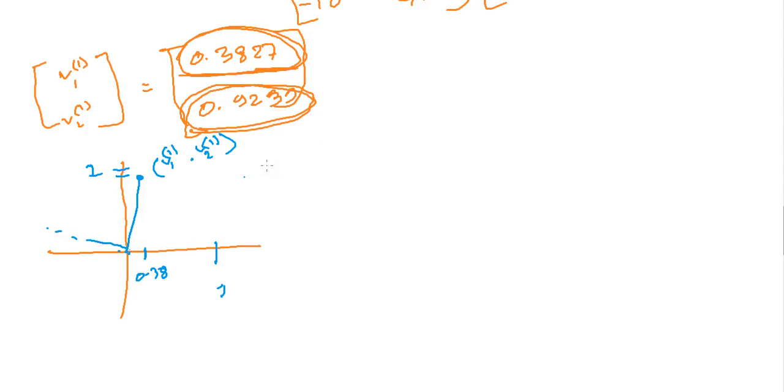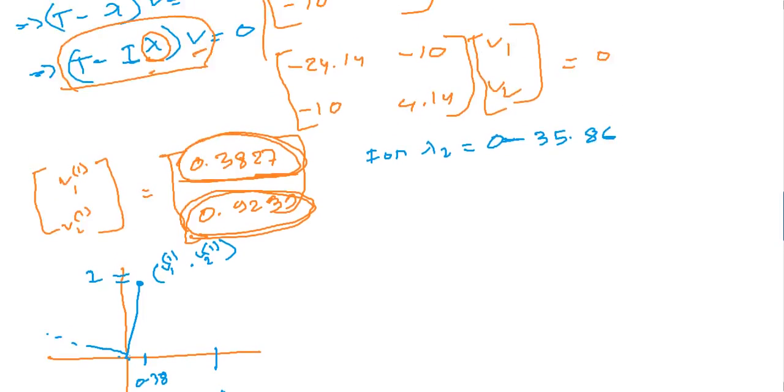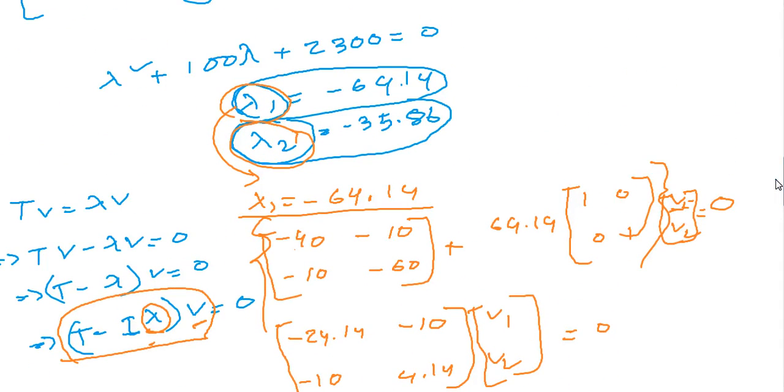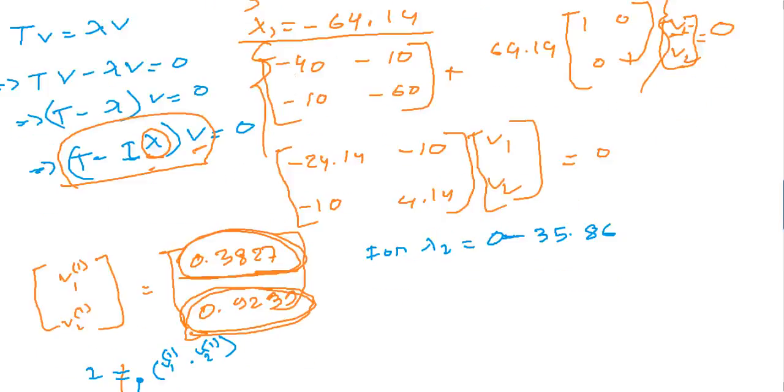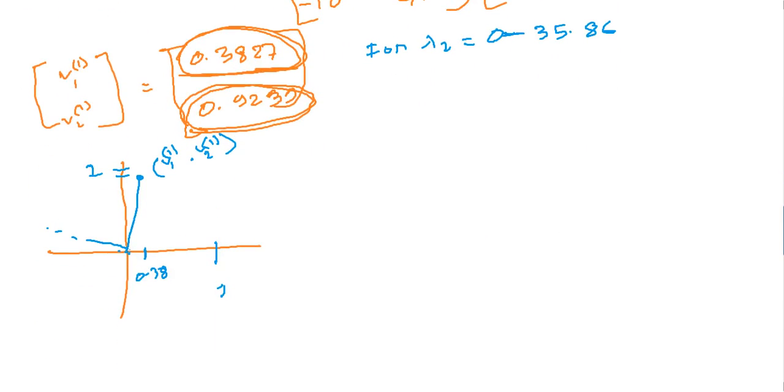So for example, we have to calculate for alpha 2 equal to minus 35.86, because we know what alpha 2 is, right? Here alpha 2 is minus 35.86, right? So for alpha 2 we have to calculate the eigenvector.